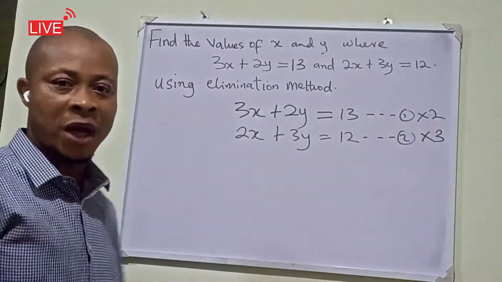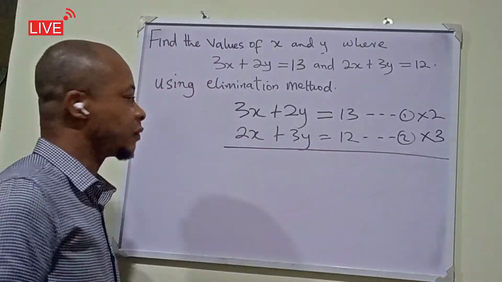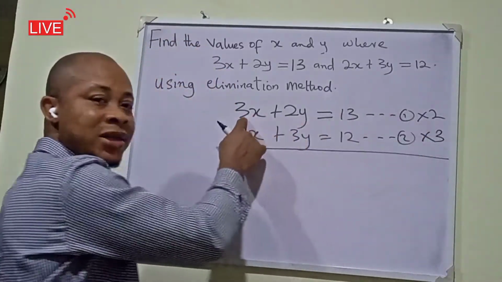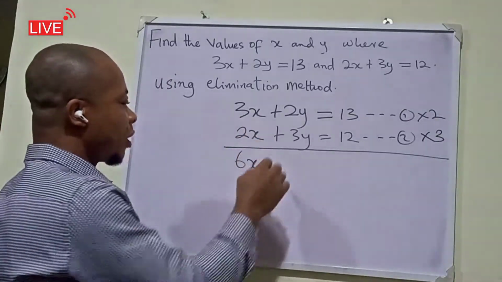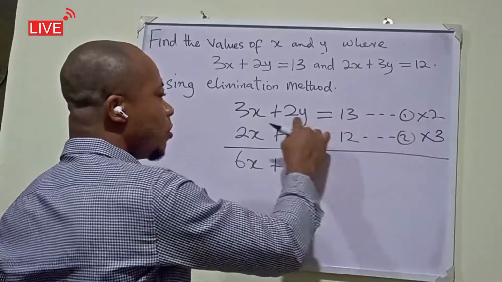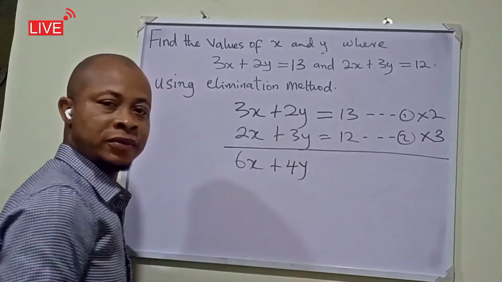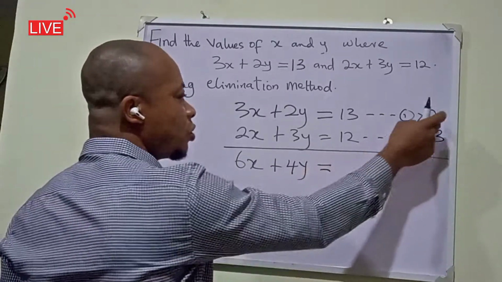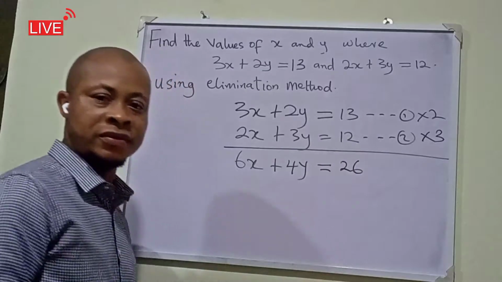Now let's multiply it. You can draw your line if you like. 2 multiplied by 3 will give you 6x plus 2 multiply 2y will give you 4y equals 2 multiply 13 will give you 26.